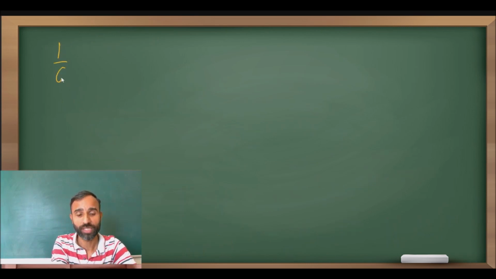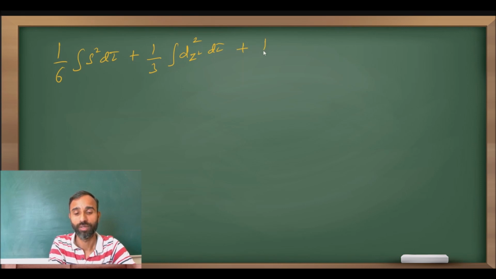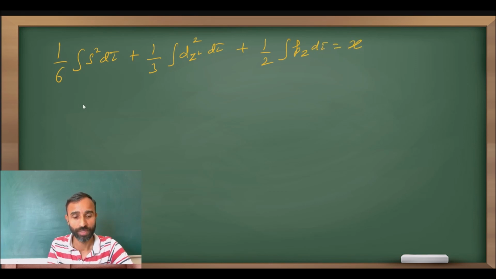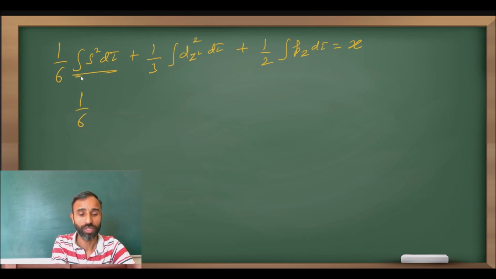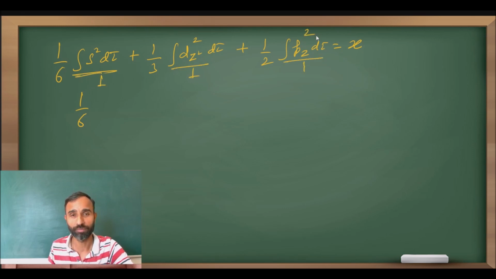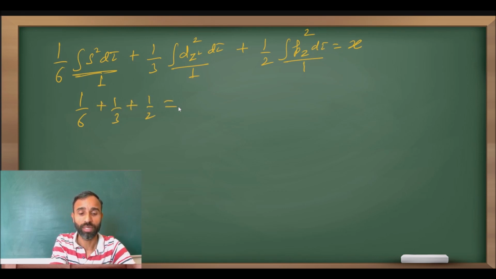Okay, so 1 by 6 is common, because it is the square of 1 over root 6, with s square d tau, plus 1 by 3 dz square squared plus 1 by 2 pz square, that is equal to x. So it is 1 by 6 plus 1 by 3 plus 1 by 2 equal to x.